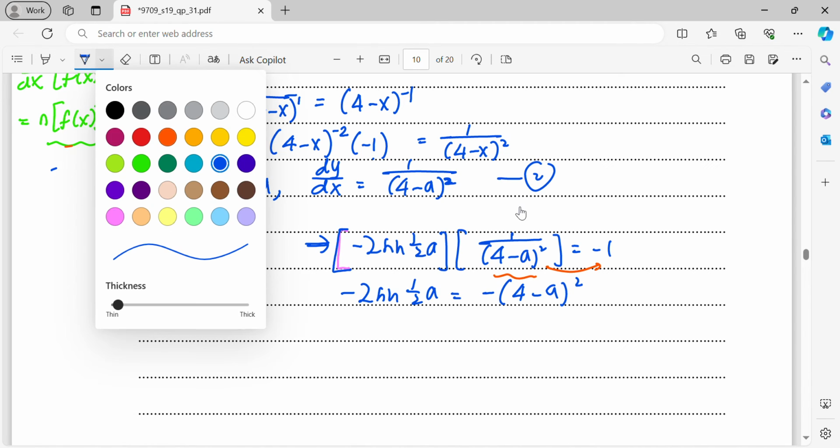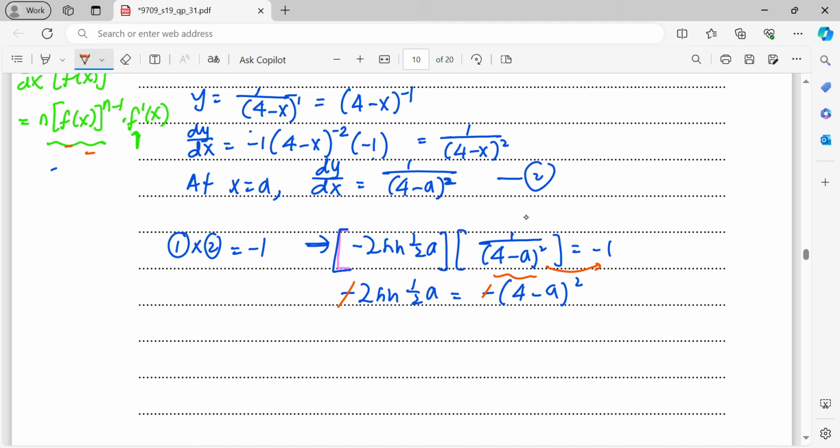Then the negative will be cancelled off from both sides. Then now I will move the square to the other side. When I move the square to the other side, that is basically plus minus square root. So I will write 4 minus a is plus minus square root of 2 sine half a.